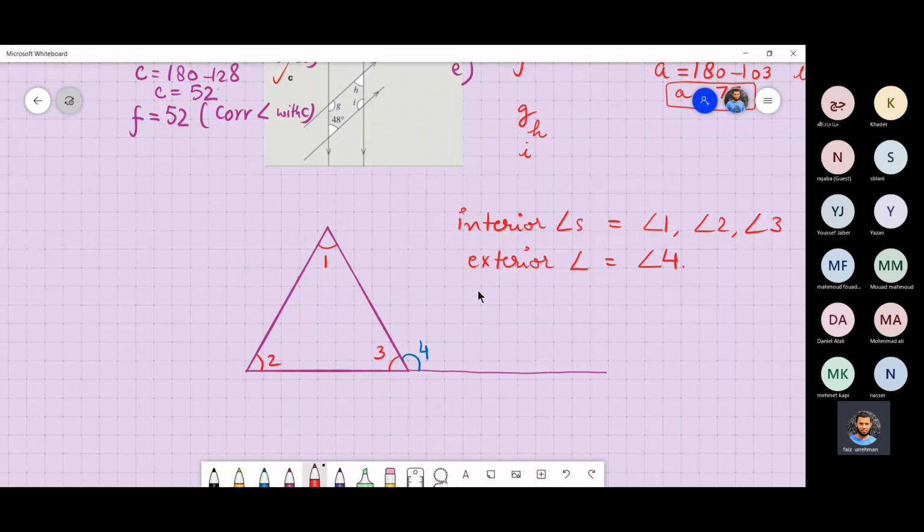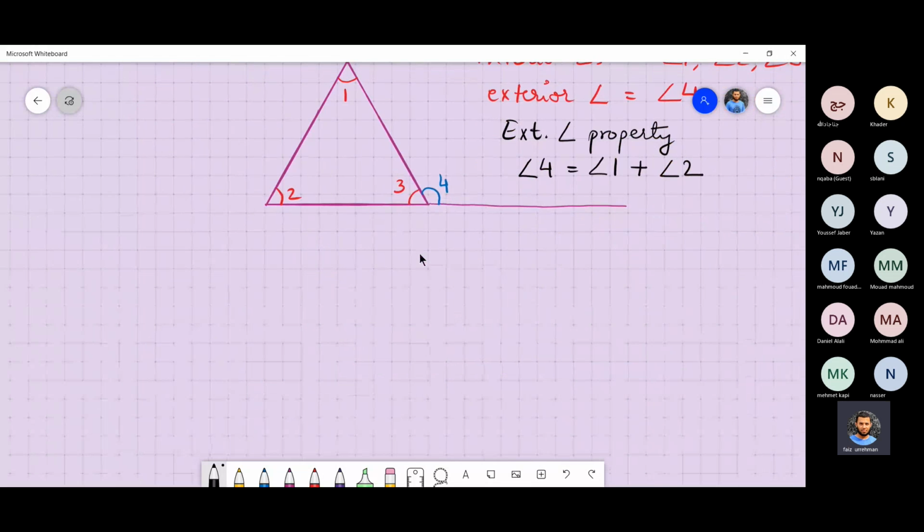So the exterior angle property tells us that angle 4 will be equal to the sum of the opposite 2 angles, angle 1 plus angle 2.